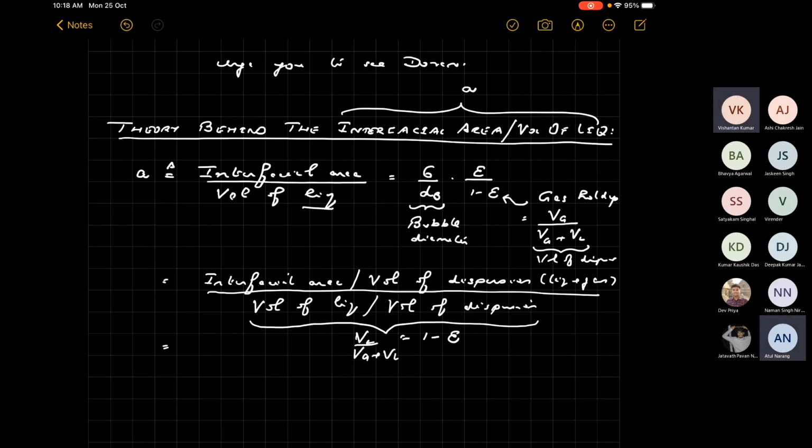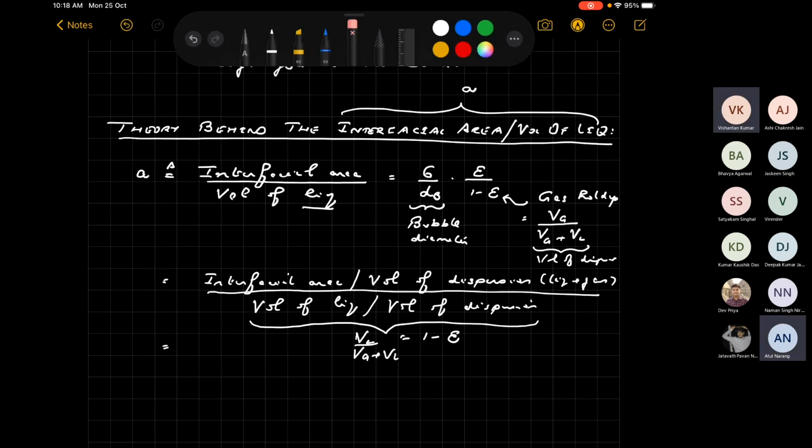Now, if Vg over Vg plus VL is epsilon, then VL over Vg plus VL is 1 minus epsilon.